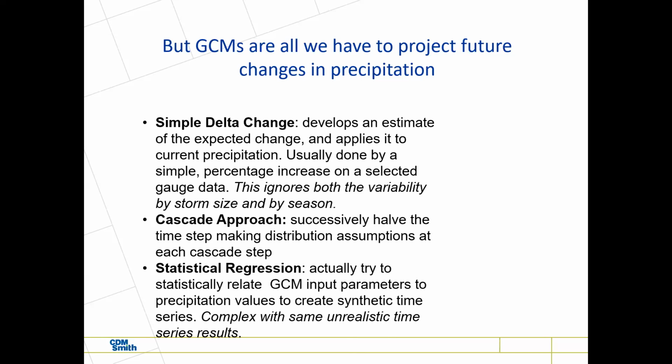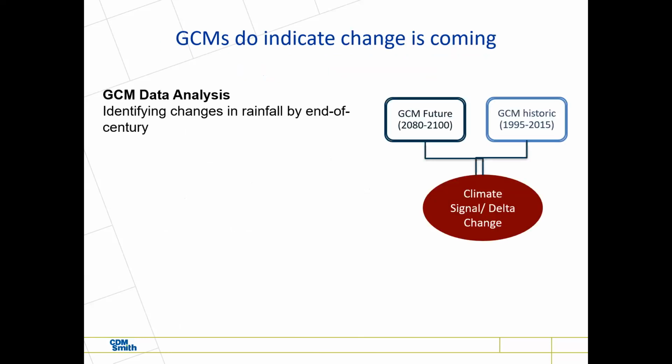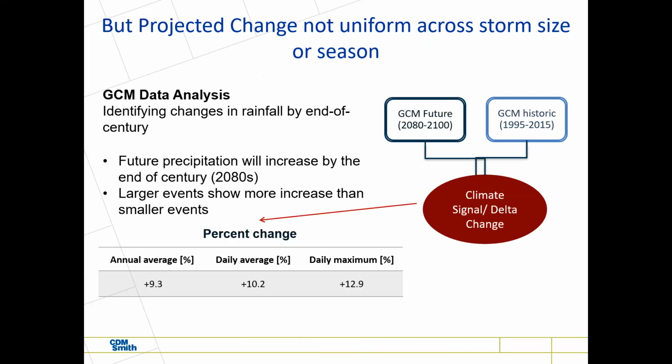I mentioned that cascade approach or statistical regression approaches people use. Both of them can be done. They're a lot harder to do than what I'm proposing, and I don't think that they give as good a result. So we rejected those in Philadelphia as well. But these GCMs do indicate the change in precipitation is coming, and we need to deal with it.